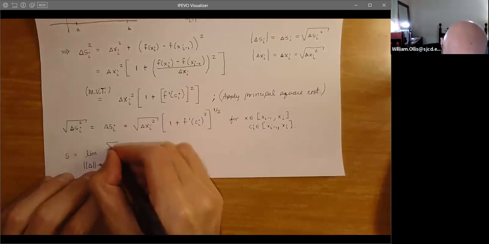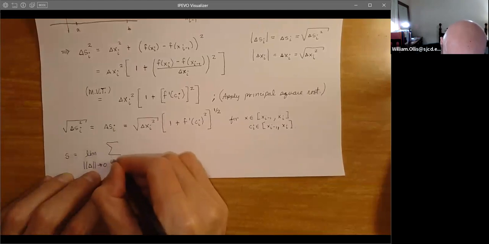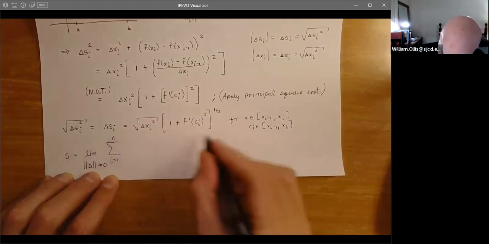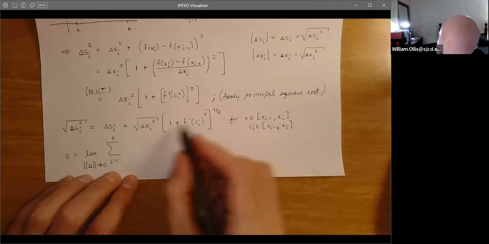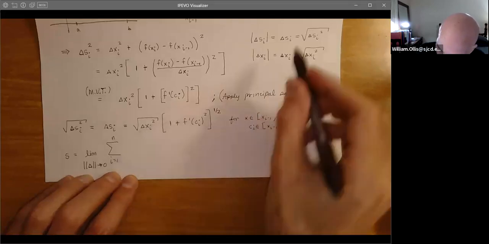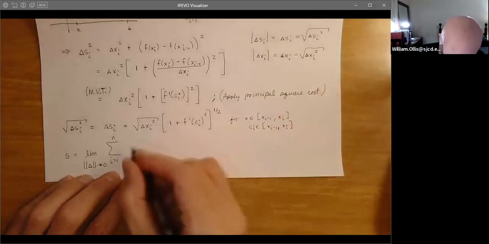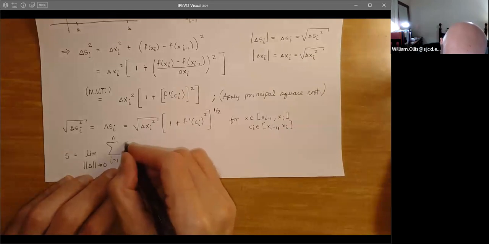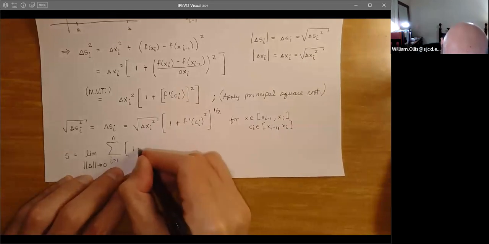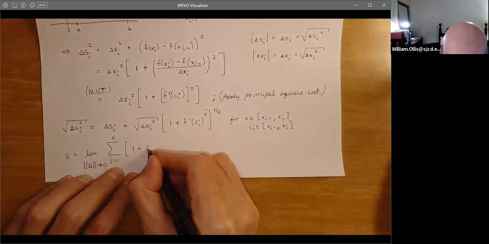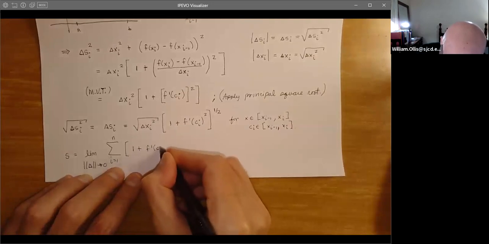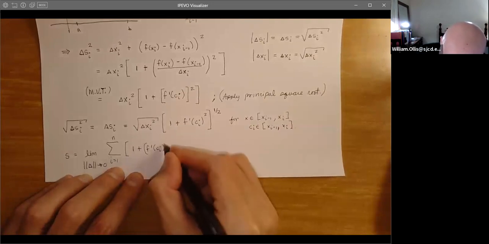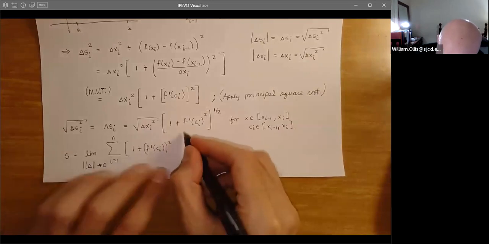And so we have this, i equals 1 to n here. And if you like, we'll go ahead and replace this with the delta x sub i. f prime c sub i squared.